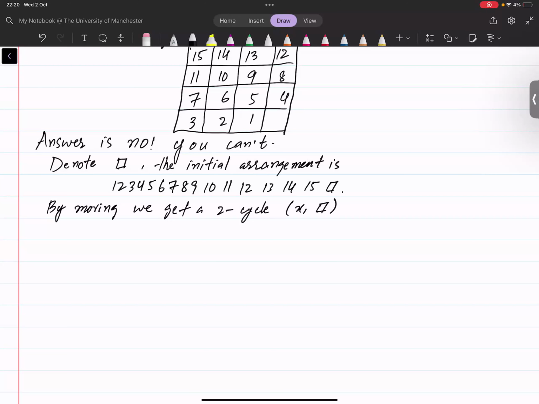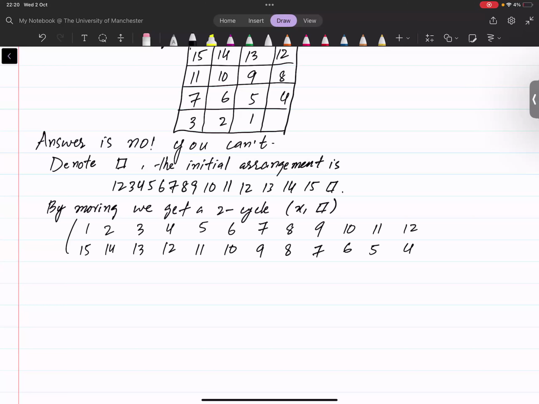We are talking about a permutation which is 1 to 15, 2 to 14, 3 to 13, 4 to 12, 5 to 11, 6 to 10, and 7 to 9, 8 to 8, 9 to 7, 10 to 6, 11 to 5, 12 to 4, 13 to 3, 14 to 2, and 15 to 1.